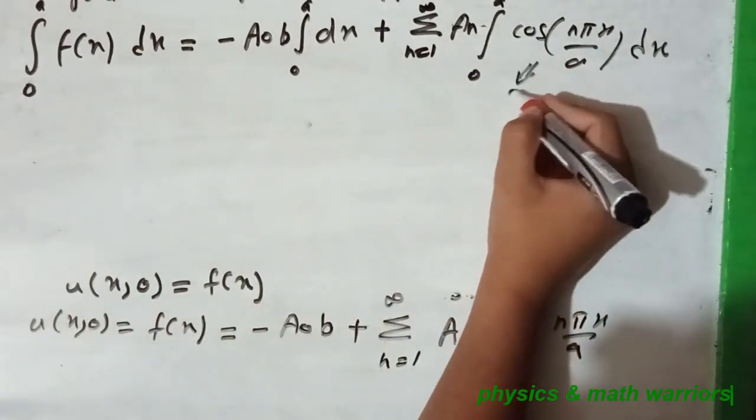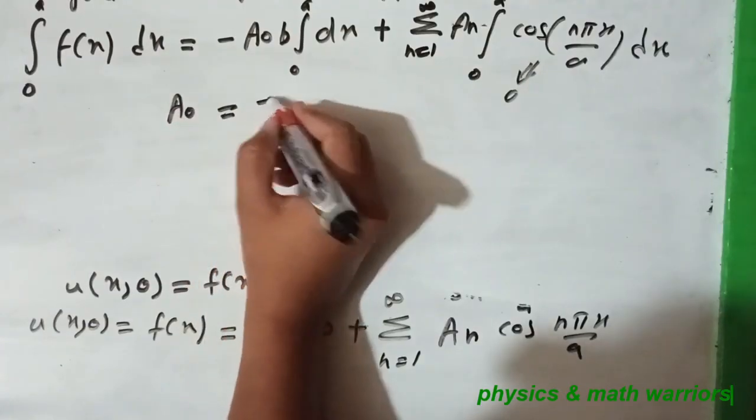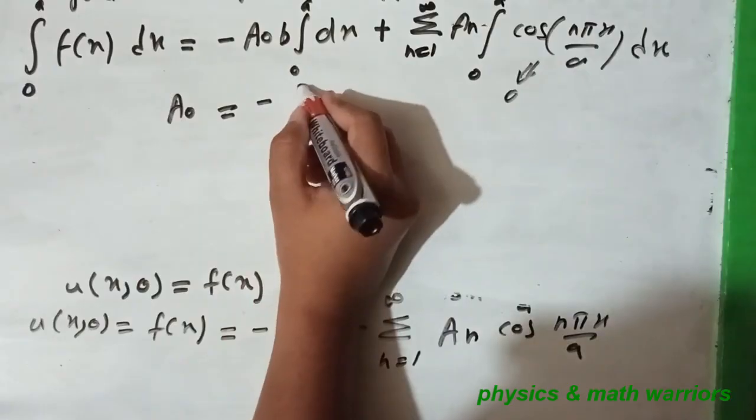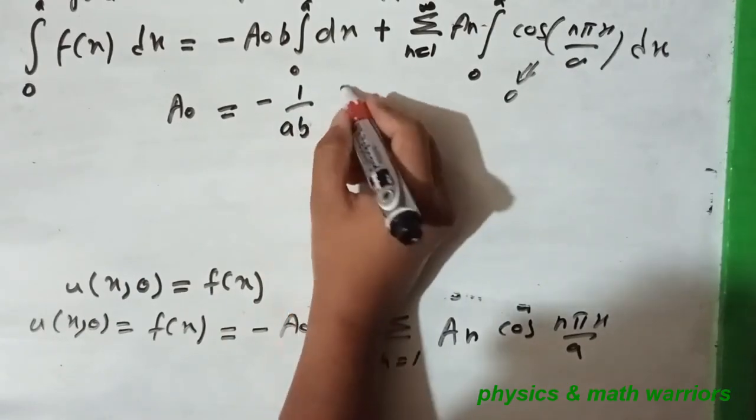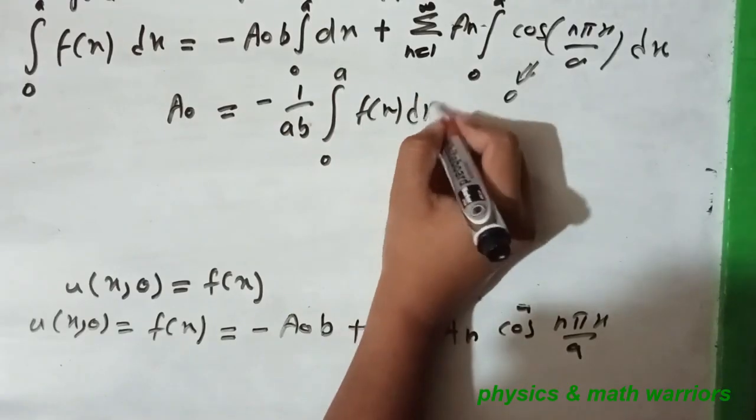This integral is equal to 0, so a naught is equal to minus 1 over a b integral from 0 to a f of x dx.